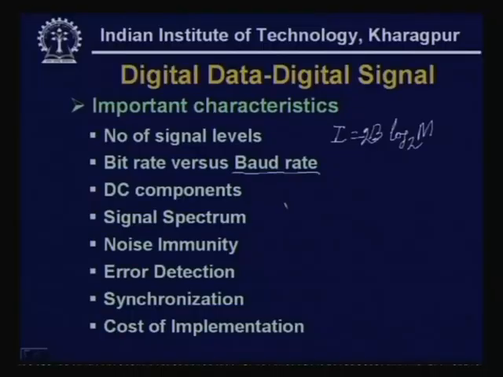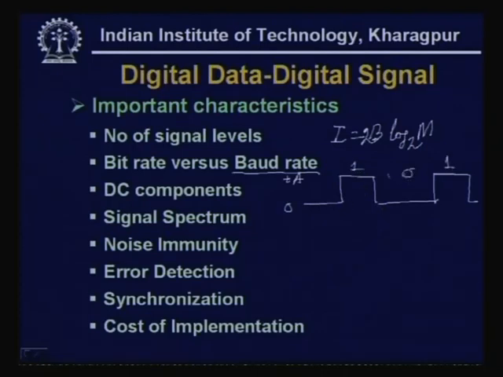Because of the presence of transformers and capacitors, the DC component will be blocked, and that will lead to attenuation, but sometimes there will be a DC component. For example, if it is encoded in this manner, that means you have 0 volt and another level of plus A, then as you can see, this is for 1, this is for 0, this is again for 1.